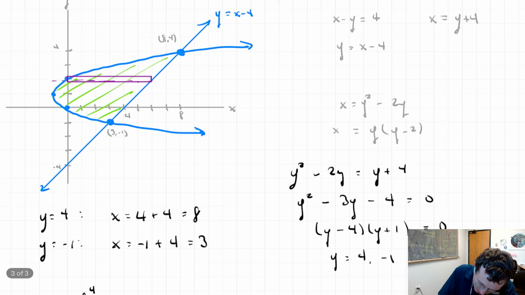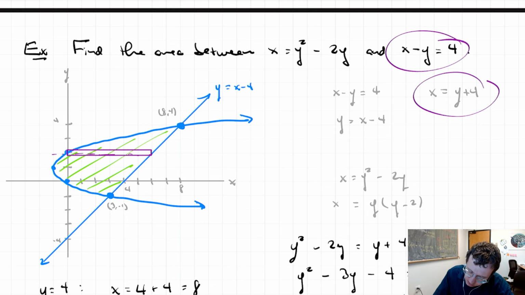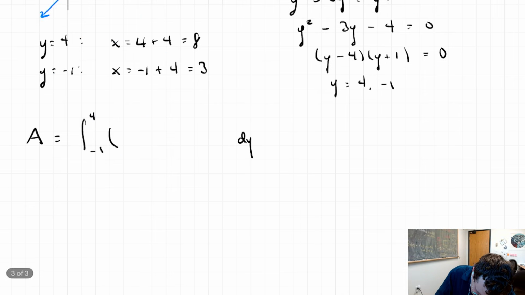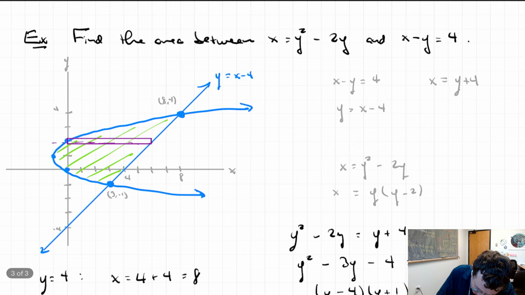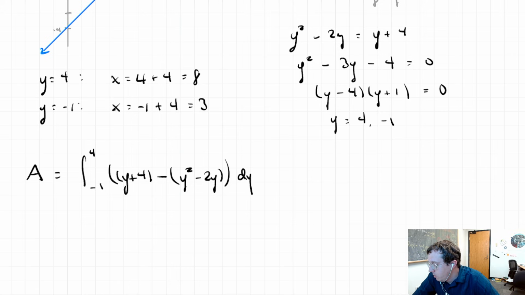And then the width of the rectangle is this x value minus this x value. So it's the x value coming from the line, and that line was this equation. The x value is y plus 4. And then the x value from the parabola is y squared minus 2y. So this is the integral we would do.